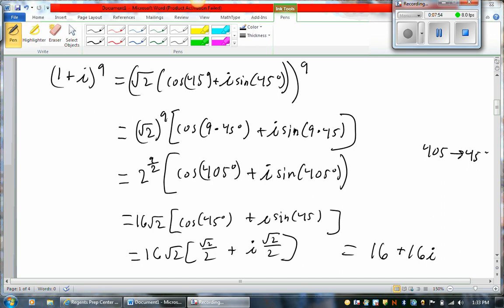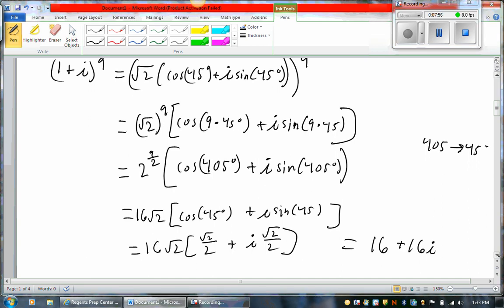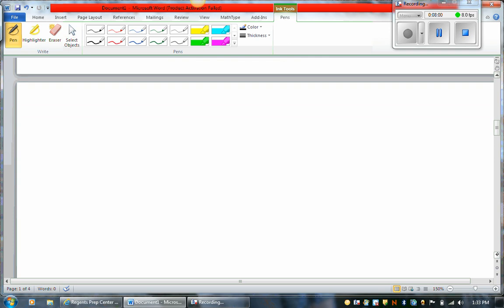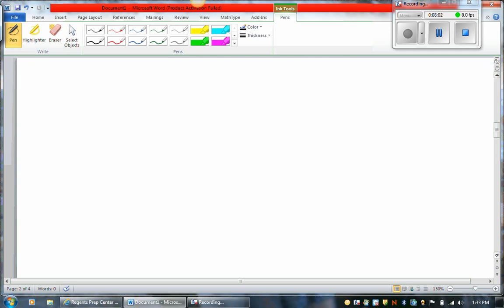Okay, so let's take a look at one more of these. Say in this example we have radical 3 minus i, and we're going to raise this to the 10th power. So the first thing we need to do is our conversion to trigonometric notation.